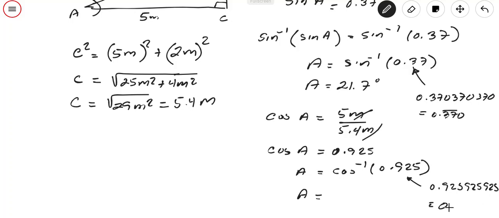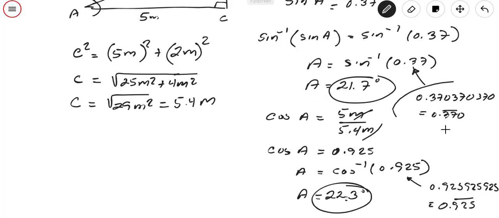So there is a little difference between the numbers I used here, 0.37 and 0.925. So this gives about 22.3 degrees. But the difference between these two values is basically because I was rounding, and you should have exactly the same value if you don't round.